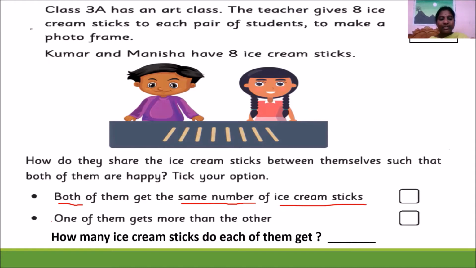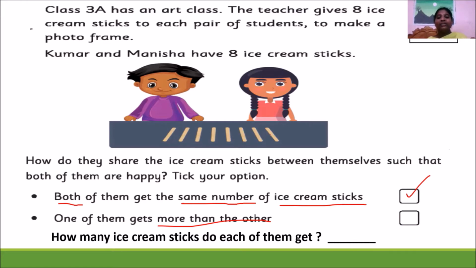The second option is one of them gets more than the other. Which one will you choose, children? Yes, very good. You have to give the same number of ice cream sticks to both of them. So you have to tick here. Why? To avoid the fighting between Kumar and Manisha, we have to give the same number of ice cream sticks.